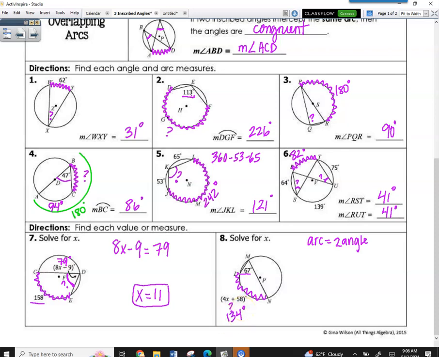And now what you've just done is found your equation. 4x plus 58 has to equal 134. You get 19?